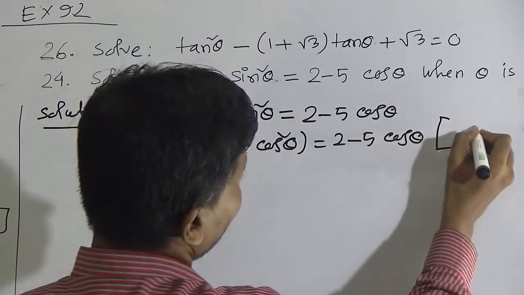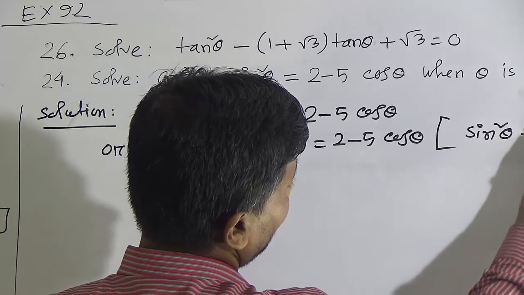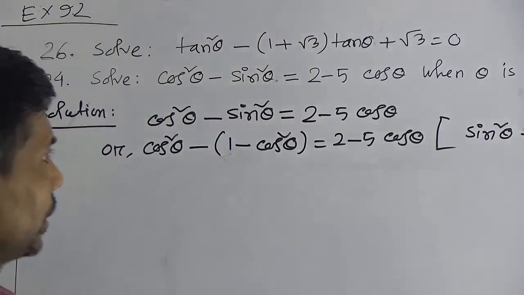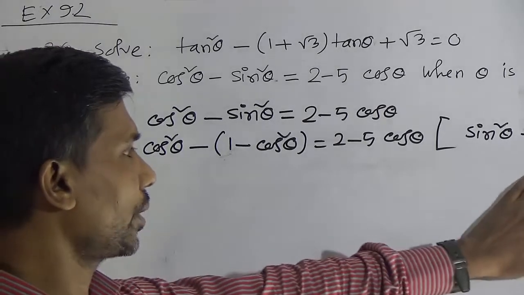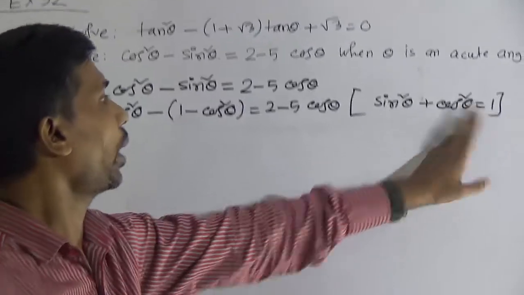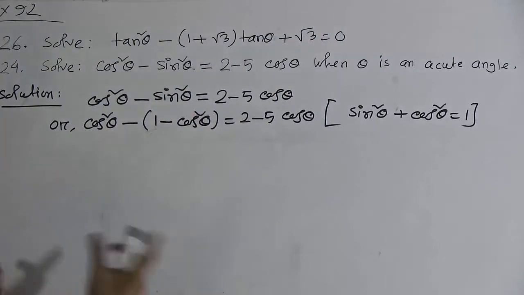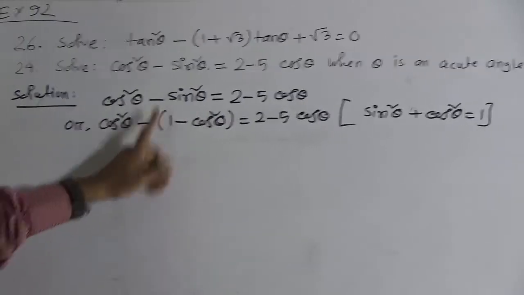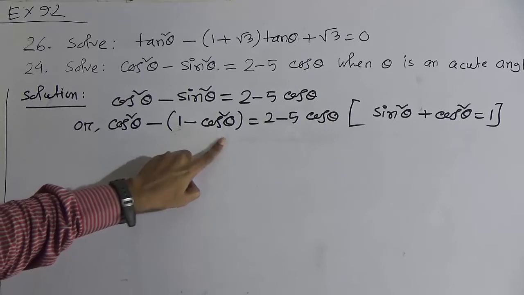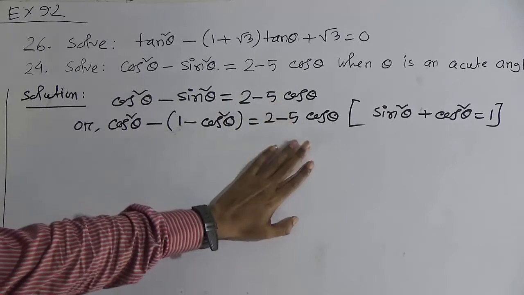Look, we know sin square theta plus cos square theta equal to 1. Then we can write sin square theta equal to 1 minus cos square theta. Okay, so I have written here, instead of sin square theta, 1 minus cos square theta equal to 2 minus 5 cos theta.